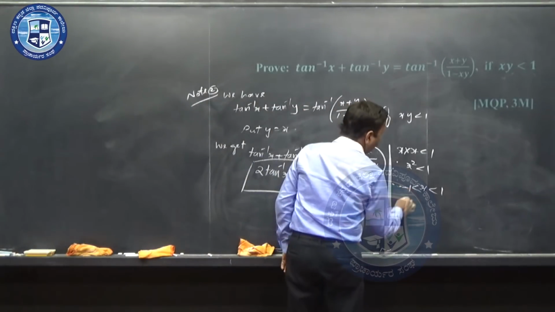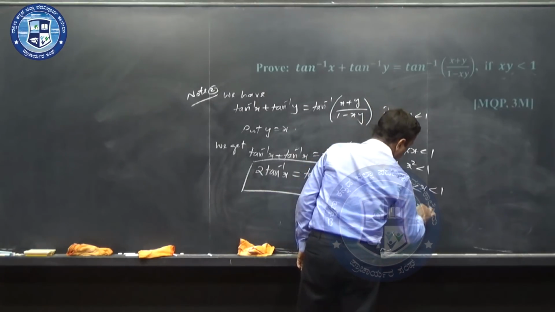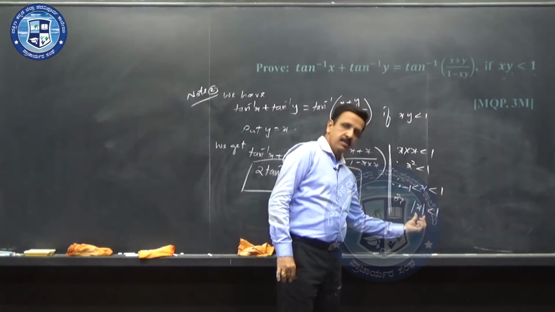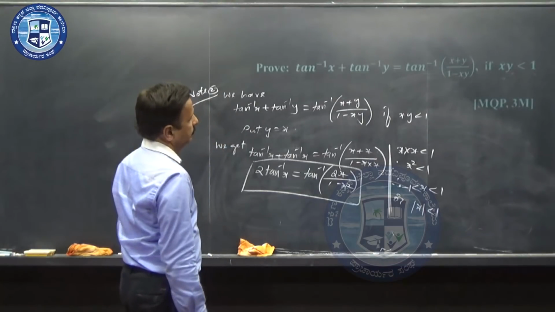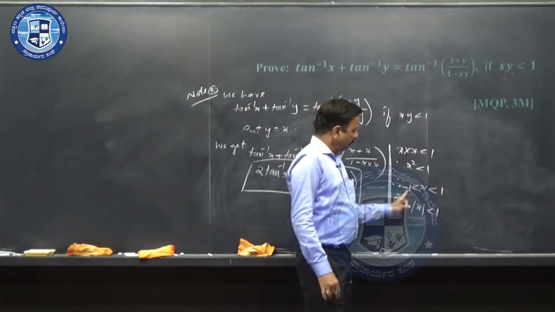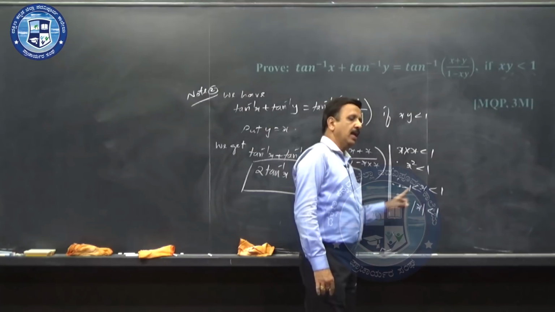X must be between minus 1 and plus 1, or we can say mod x is less than 1. X can be anything between minus 1 and plus 1.